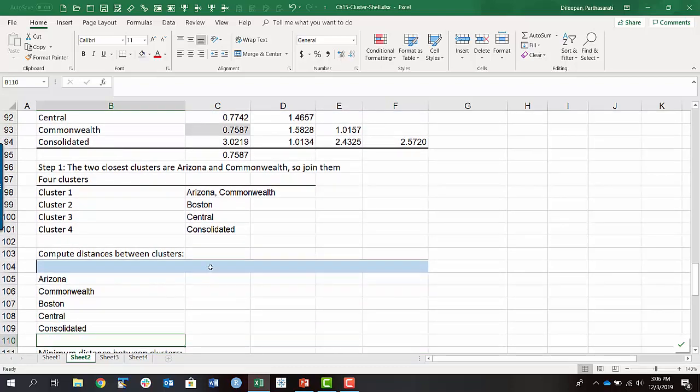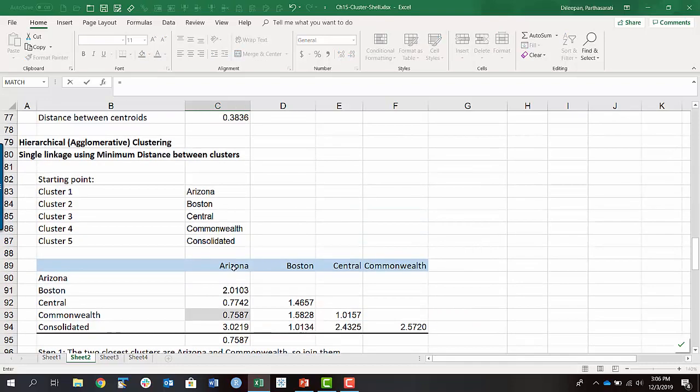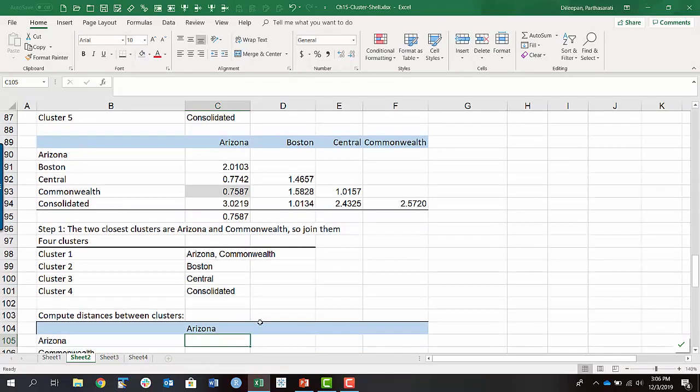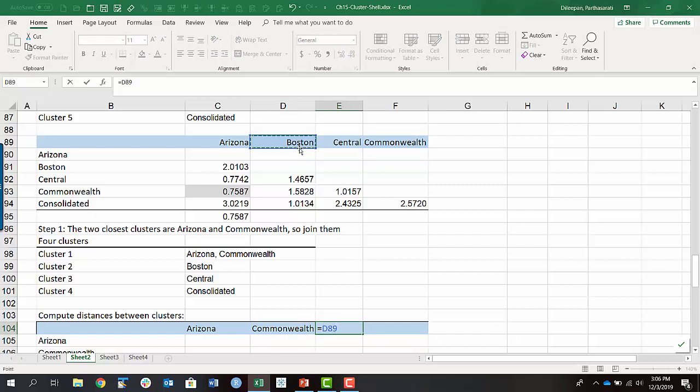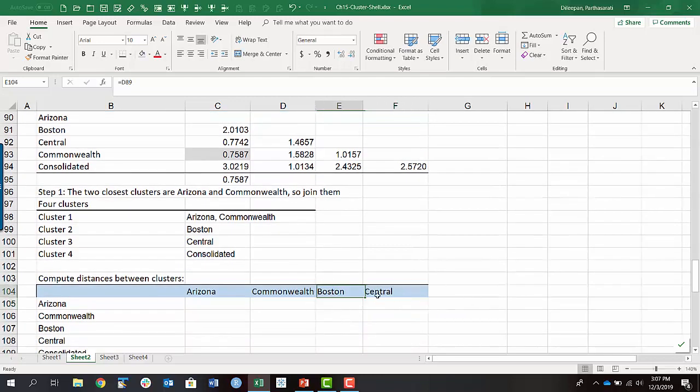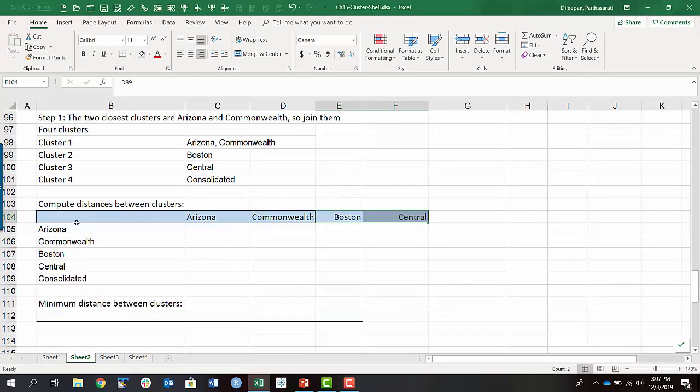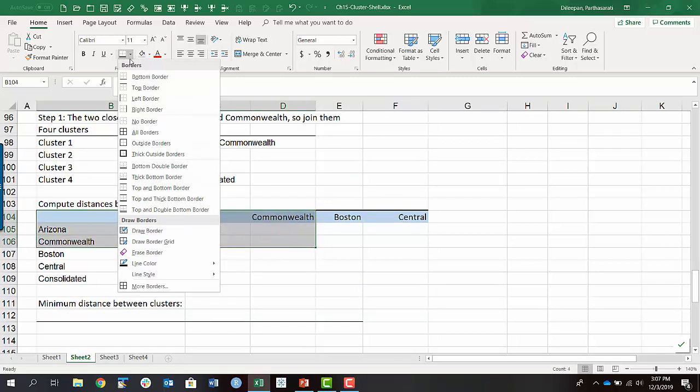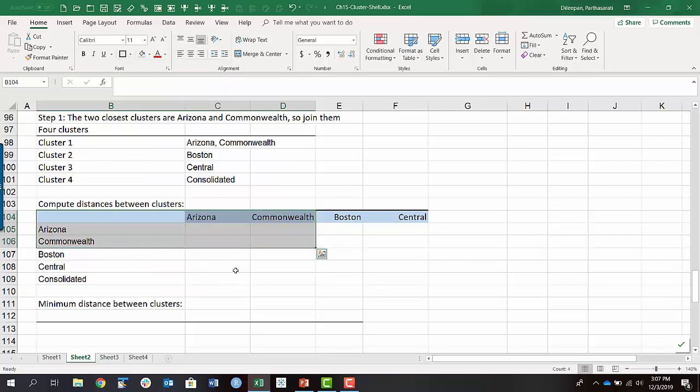Then we have Arizona, Commonwealth, Boston and Central. So you don't need consolidated again at the end. Now this is one cluster, and the rest of them are individual clusters.